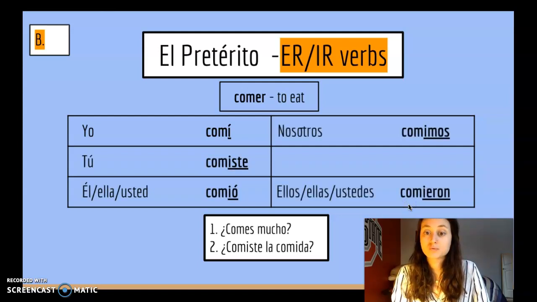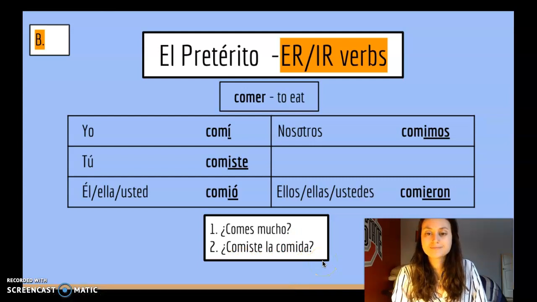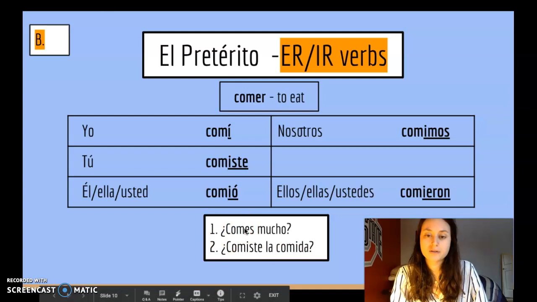Ellos comieron. See? So what's the difference between "do you eat a lot?" ¿Comes mucho? Or "did you eat the food?" ¿Comiste la comida? Did you eat my food? ¿Comiste la comida? Okay, so finished action in the past versus something that happens generally or happens all the time.